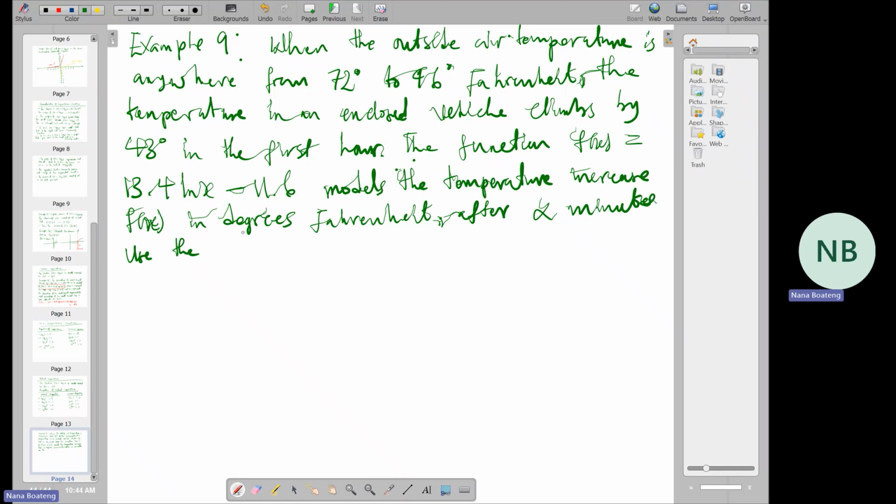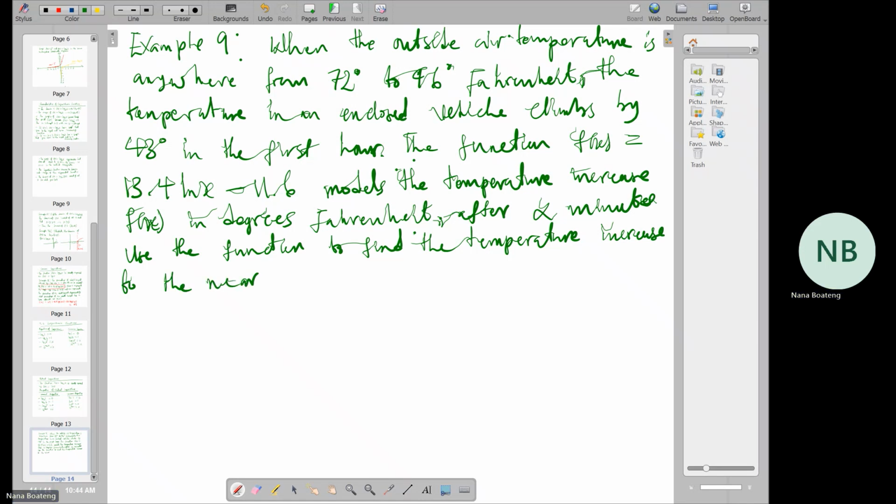Use the function to find the temperature increase, to the nearest degree, after 30 minutes.